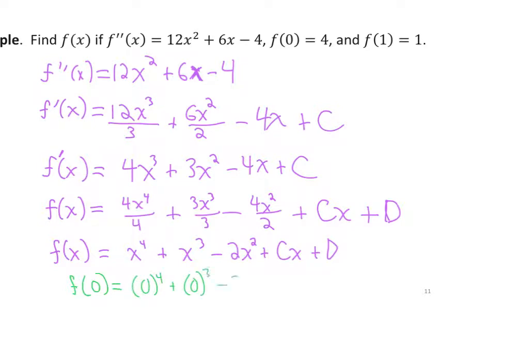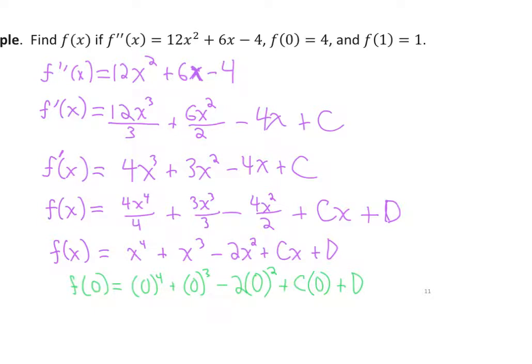What am I doing here again? I'm plugging in 0 into this expression for f of x that I obtained. So we have 0 to the fourth plus 0 cubed minus 2 times 0 squared plus c times 0 plus d. This is a d here, not a 0. Sorry for my bad writing.